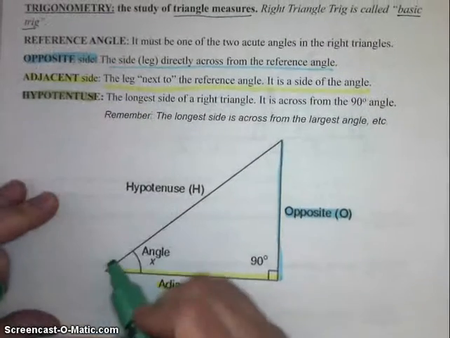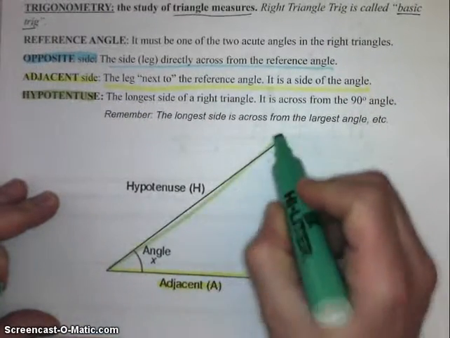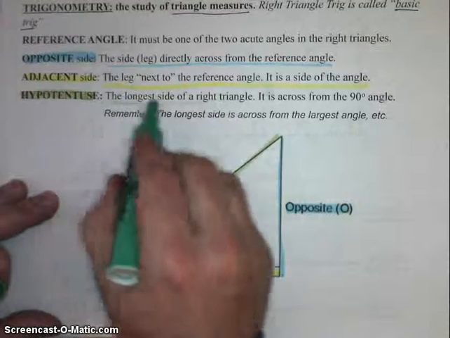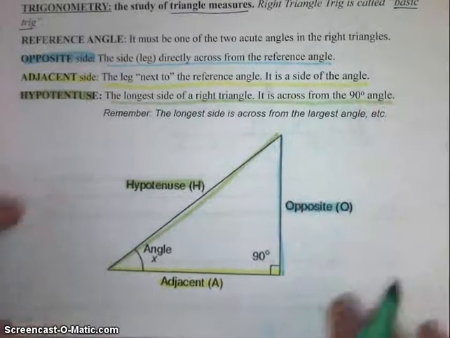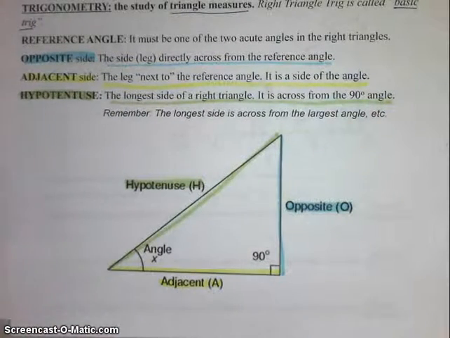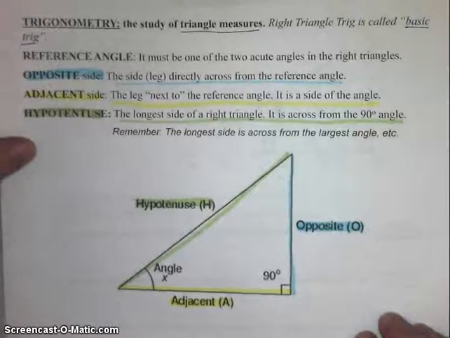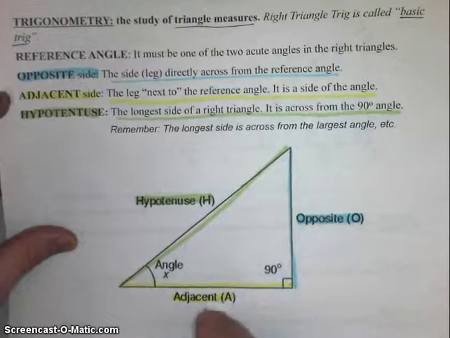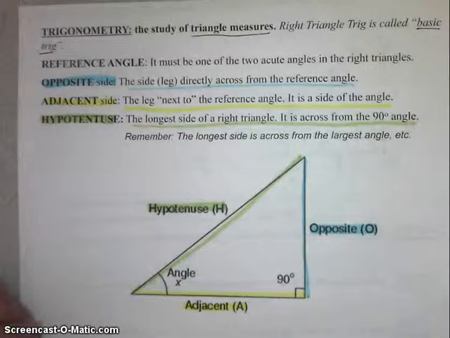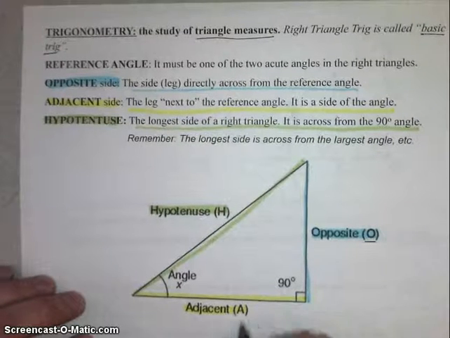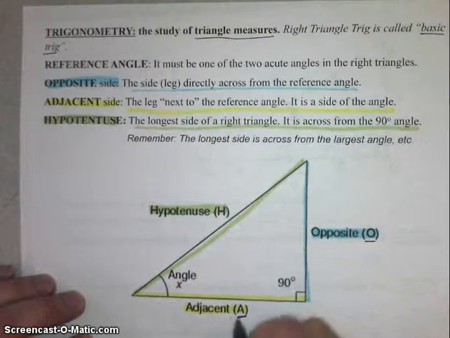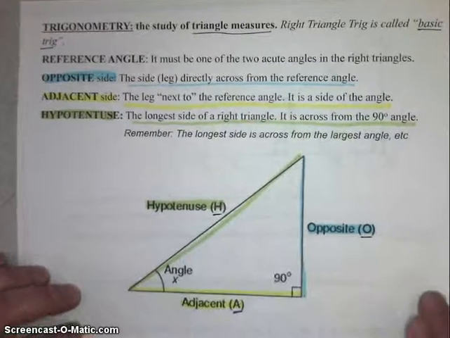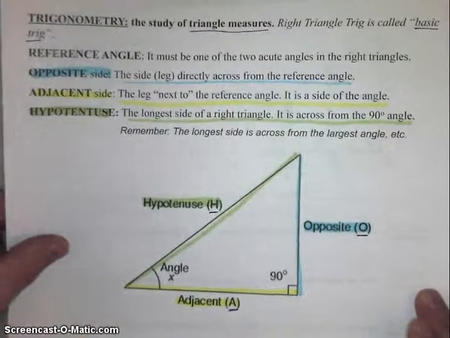It is always across from the right angle, and it's always the longest side. That's how we classify sides of a right triangle, as either the opposite leg, adjacent leg, or hypotenuse. We will use these letters, O for opposite, A for adjacent, H for hypotenuse, in the next part of our lesson, so make sure we remember that.